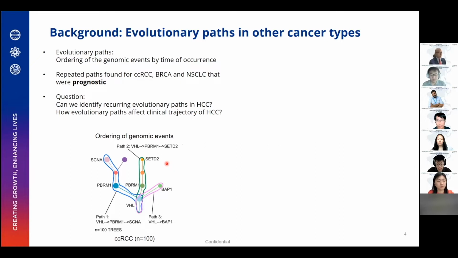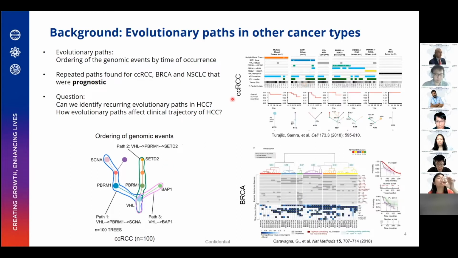And actually, in those previous studies, they also find that this kind of evolutionary path will result in quite different patient prognosis. It's not restricted to renal cell carcinoma; it's also shown in breast cancer and non-small cell lung cancer.